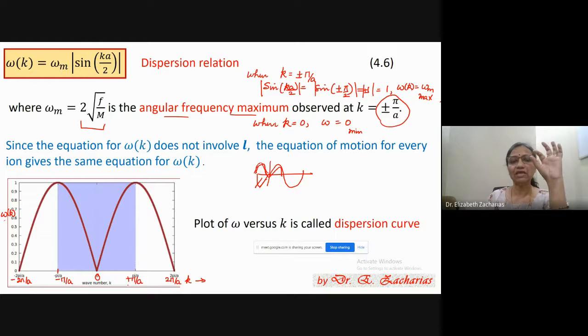Now if you want to consider the entire crystal of n atoms, you can simply take the same thing, because if you look at equation 4.6, it does not involve L. L was the position of the ion or atom sitting at the lattice L. But since L is not there in the equation, you will get a similar solution for each of the ions in this n ion crystal.